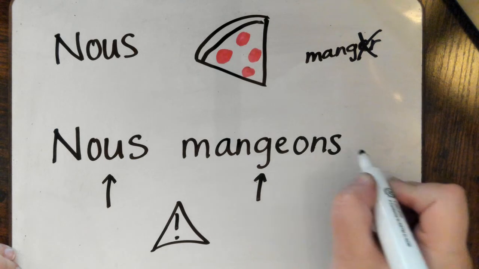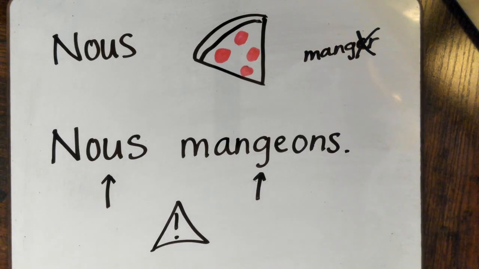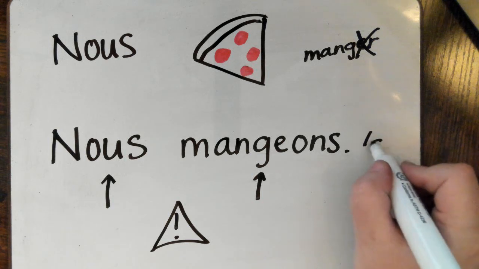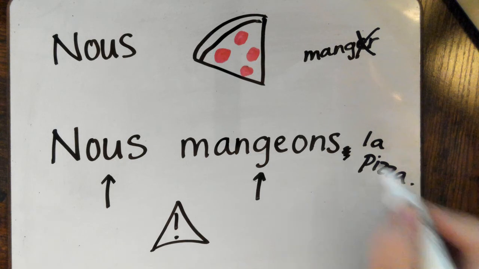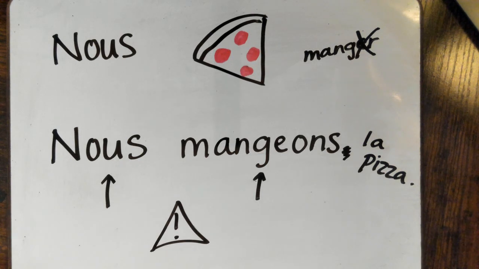So O-N-S is our normal ending. So nous mangeons. And if you wanted to keep adding to the sentence, you could say la pizza.